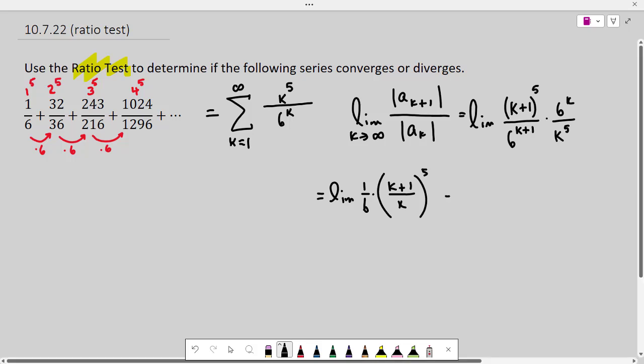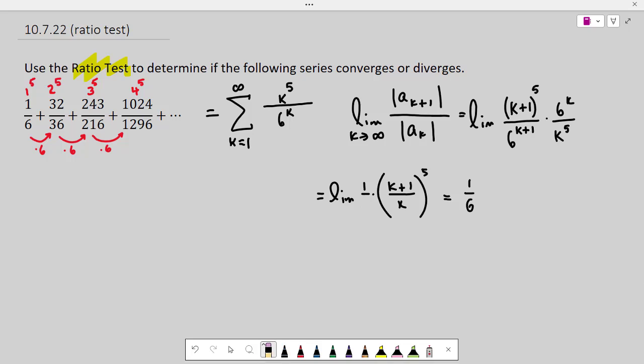So that 1/6, let's put that out in front here. And what is that limit then? What's the limit of k plus 1 over k to the 5? 1. I hear a 1.